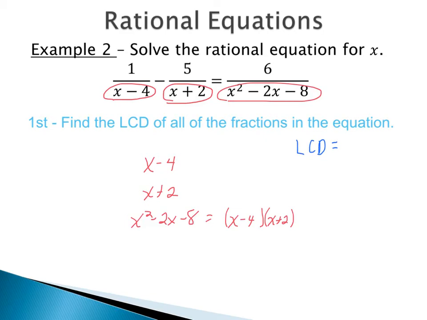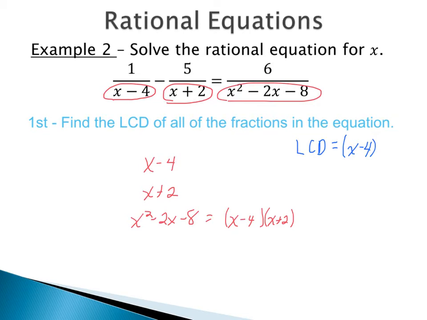So my suggestion is to start with your first factored denominator. Our first denominator was x minus 4. This is fully factored. So in terms of our lowest common denominator, that's going to be my first factor. I'm going to keep the x minus 4 and make that part of my lowest common denominator.